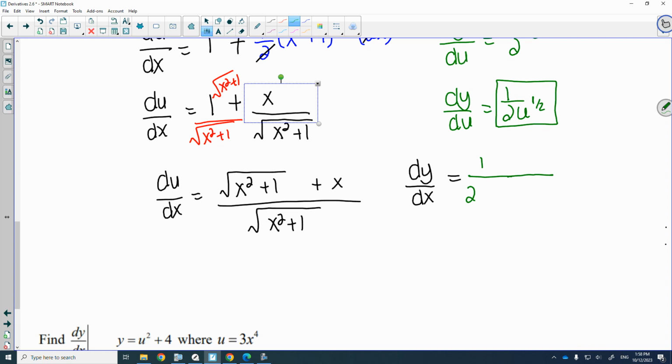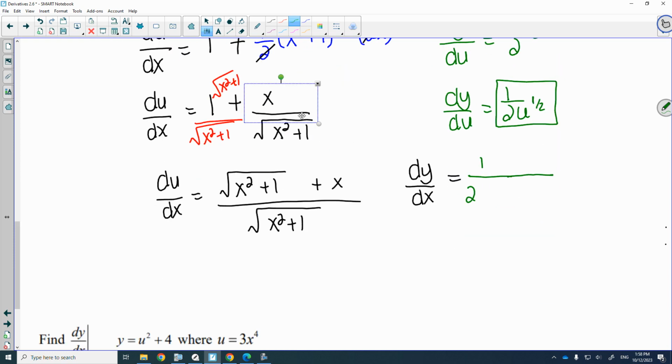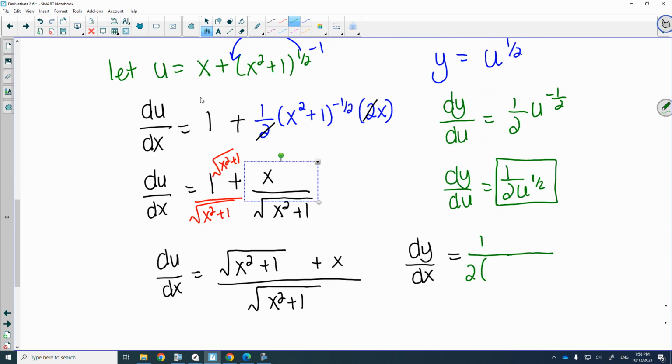Now our u is this crazy thing. So let's write that guy to the power of 1/2. So x plus that's to the 1/2.